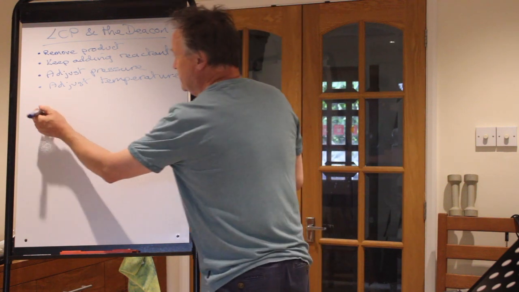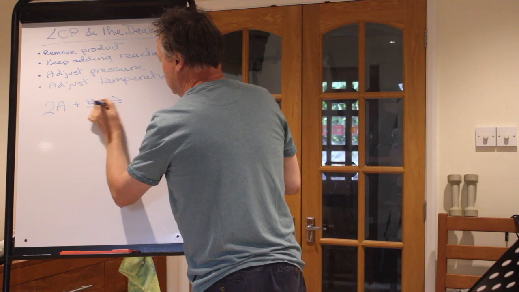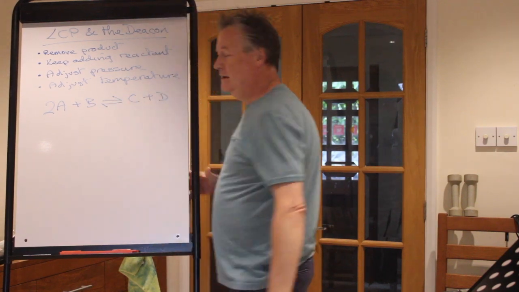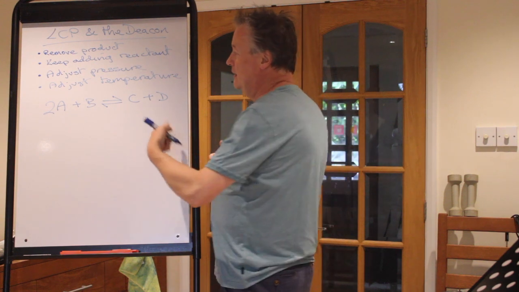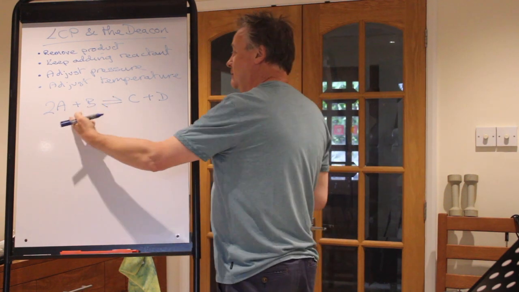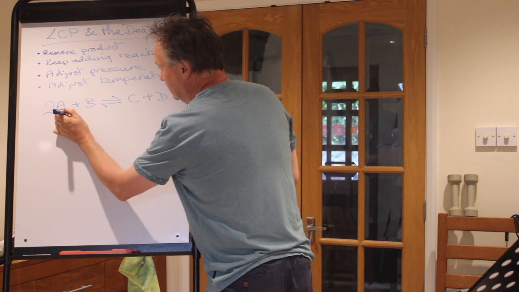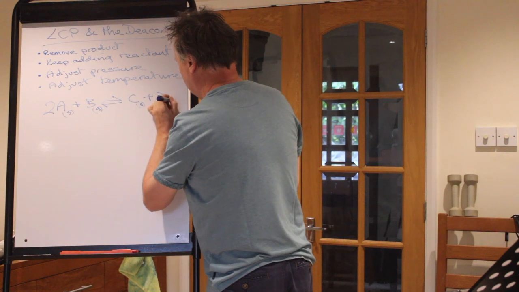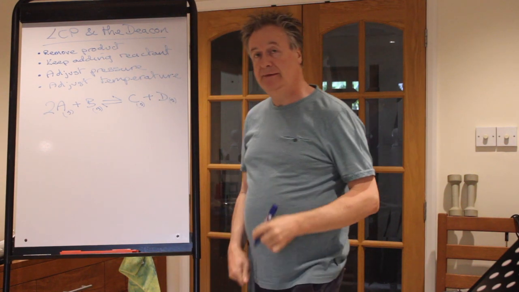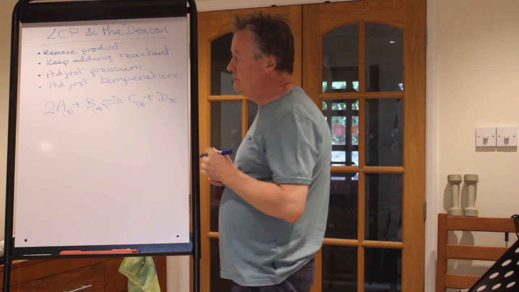So we do it in a non-specific one. There's an equilibrium that's not any particular chemical. Deliberately, there are more things on one side than the other, and as I said, everything's a gas, so let's have everything a gas for this, because then we can straightforwardly apply those four things.